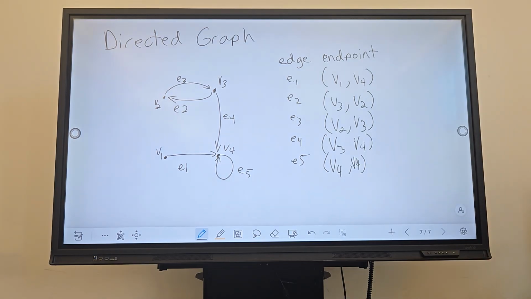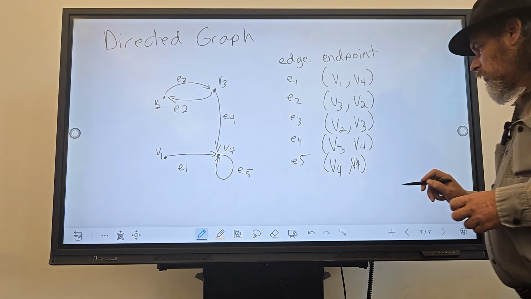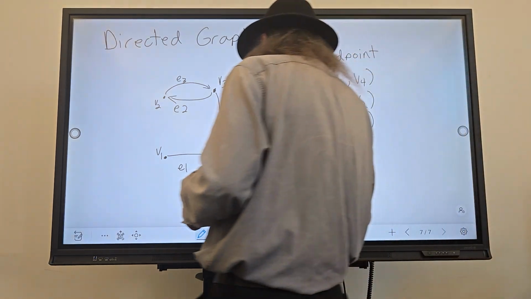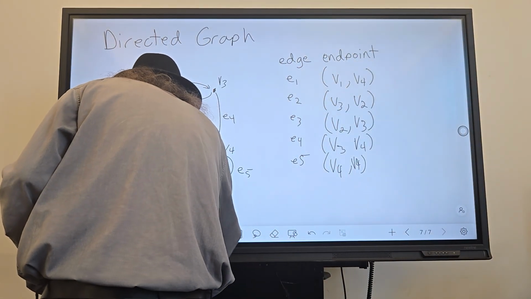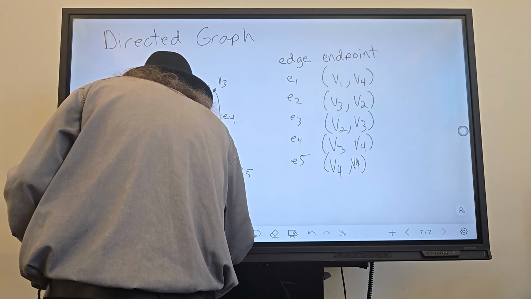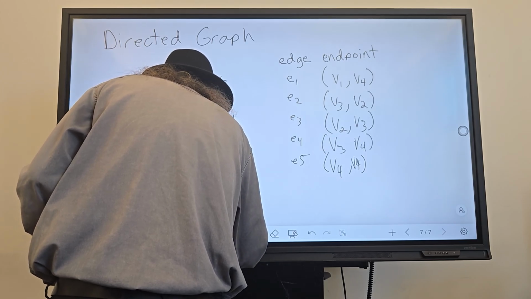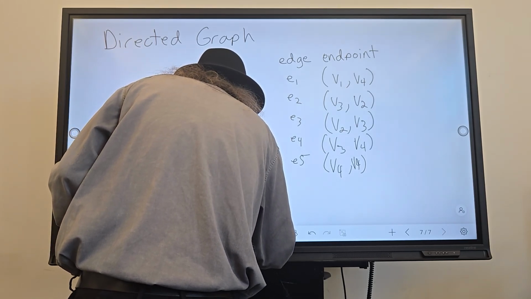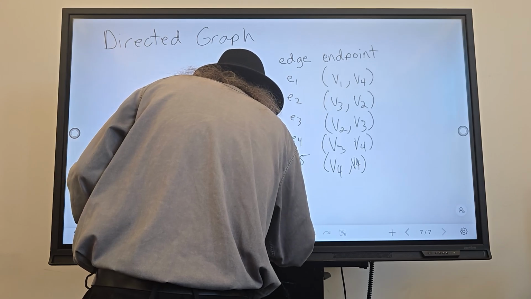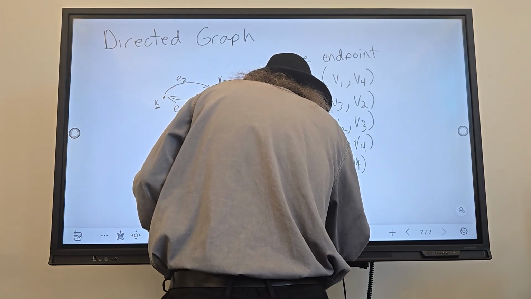Now, a little bit of terminology is the degree of a vertex, which equals the number of edges incident on it.